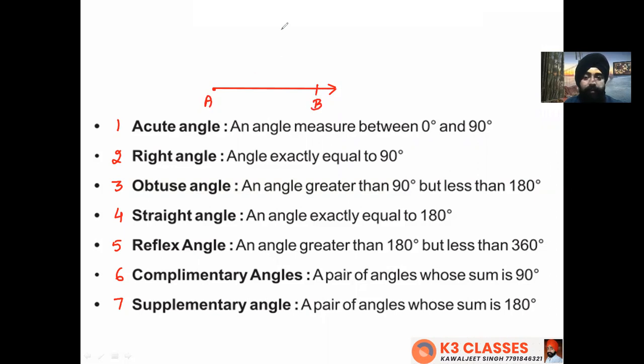Now let us take another ray originating from the same vertex A. The angle it makes with the ray AB, suppose this is the ray AC, is phi.